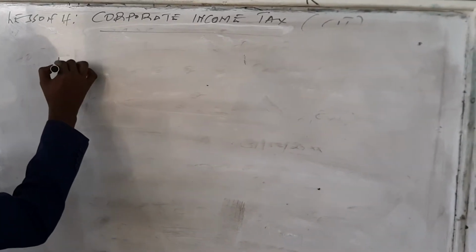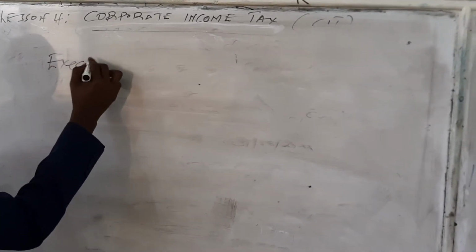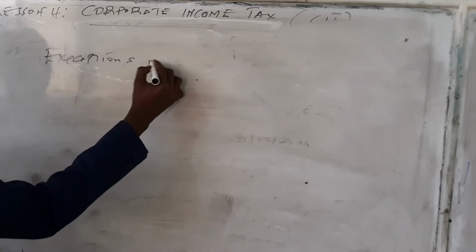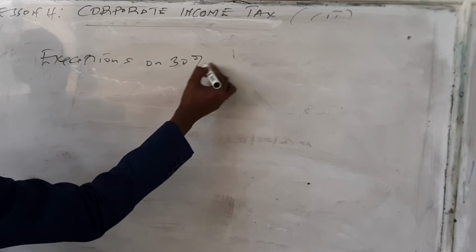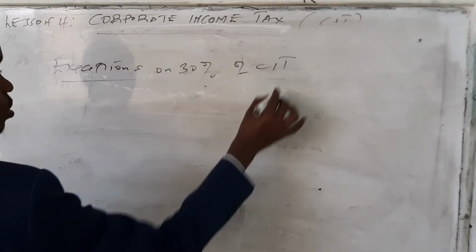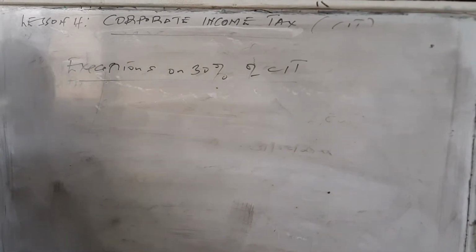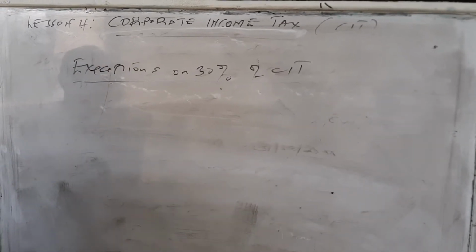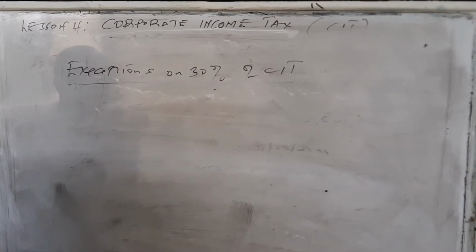Let us look at the exceptions on the 30% CIT. What are the exceptions? It's not always the case that companies should pay 30% of corporate income tax. There are some exceptions depending on different factors.